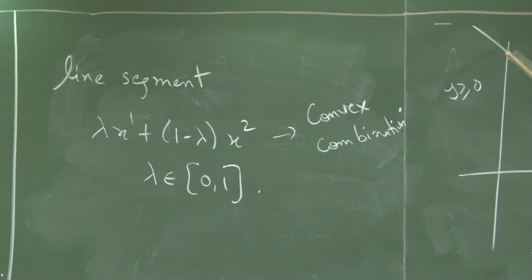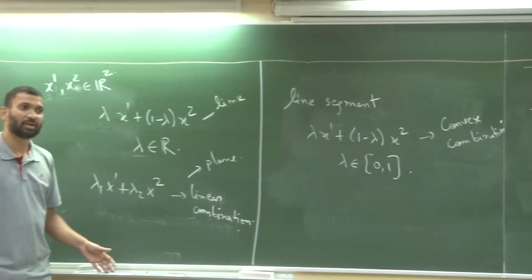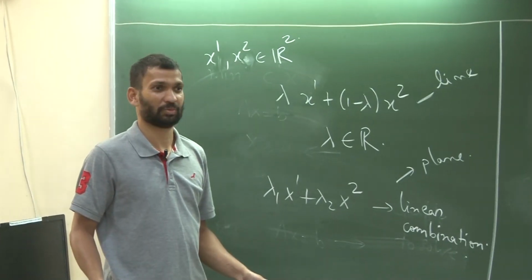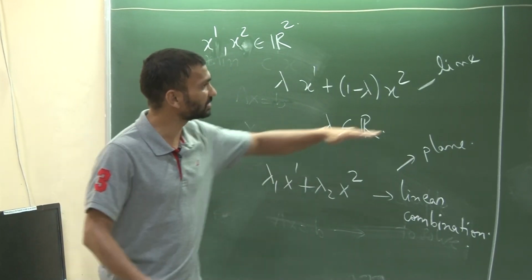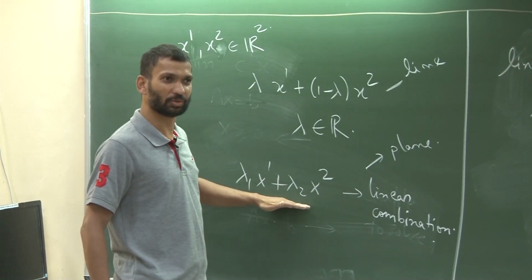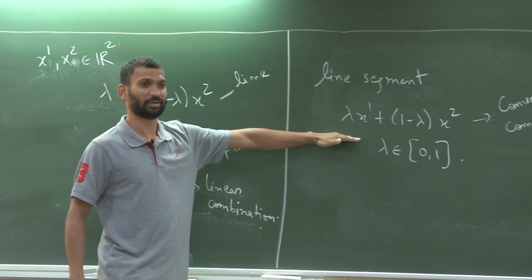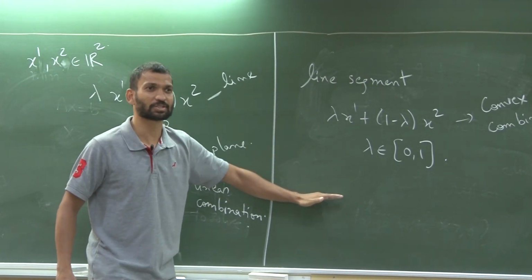Now, when you look at all this, there should be one more combination which should come to your mind. What is the remaining combination? If you see these cases, don't think of it geometrically. Look at these three. Now I started with any general lambda 1, lambda 2. I put one kind of constraint. I put another kind of constraint. What kind of constraint is remaining?